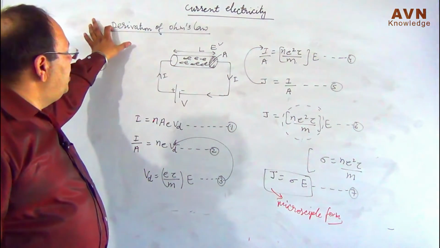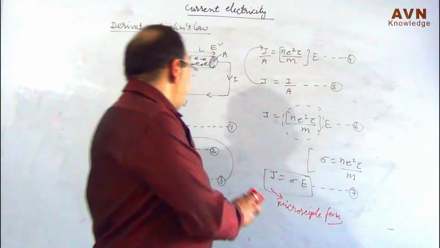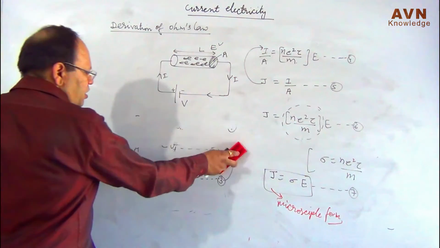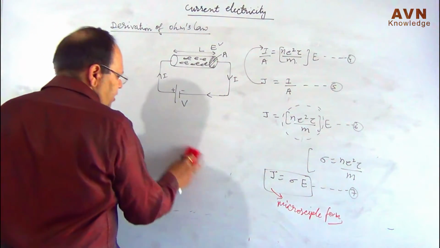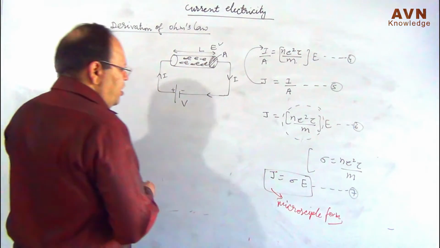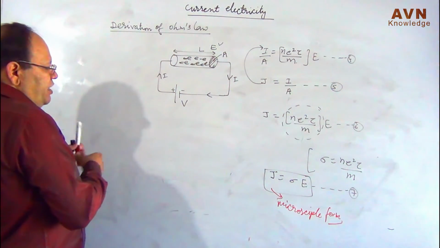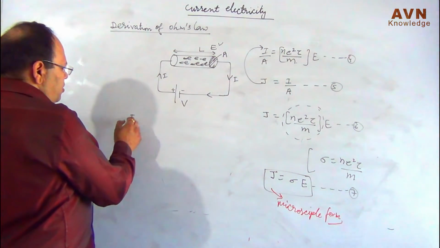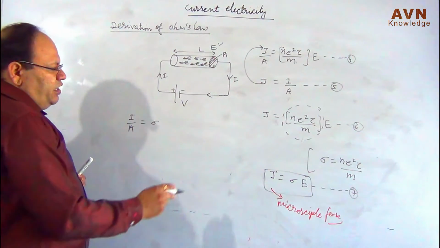And here we have the derivation of Ohm's law. Using this equation of the microscopic form, what is the formula of J? J equals I upon A equals sigma into E. And what is E?